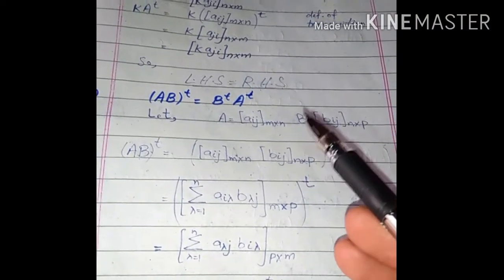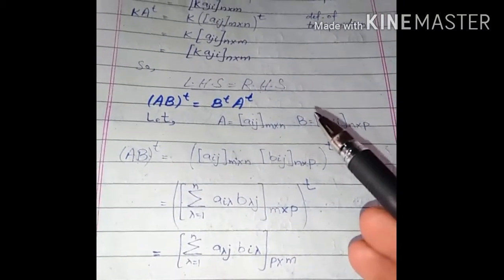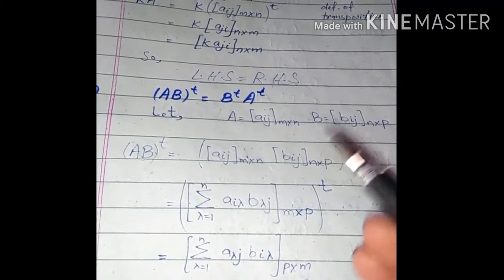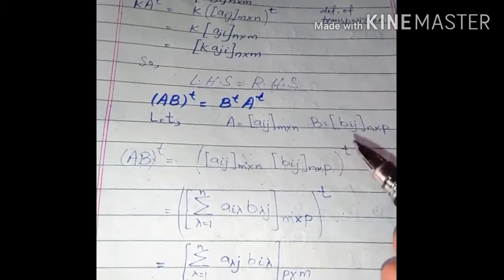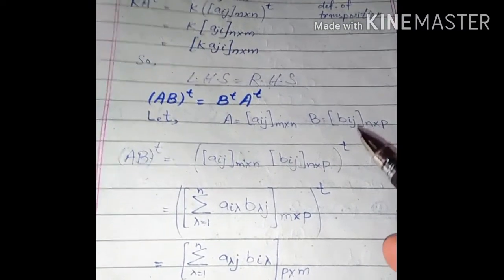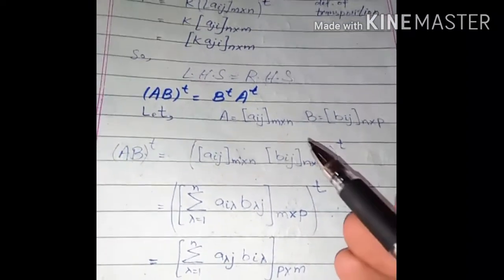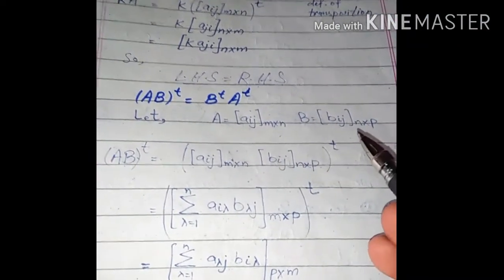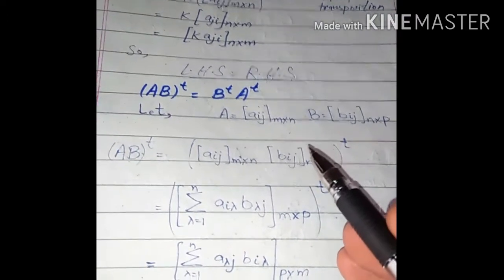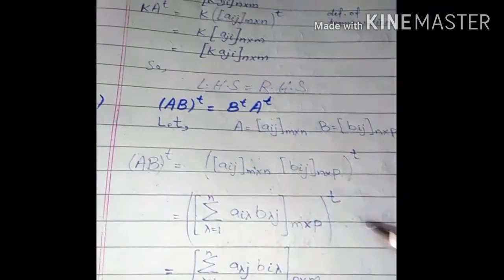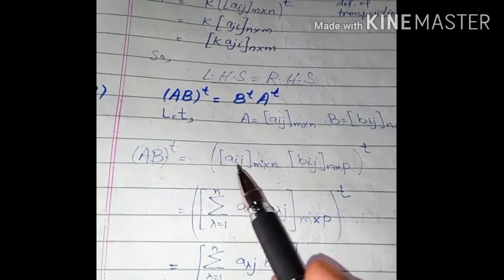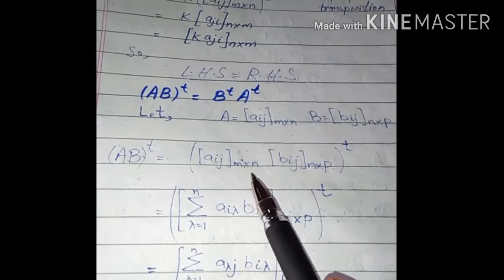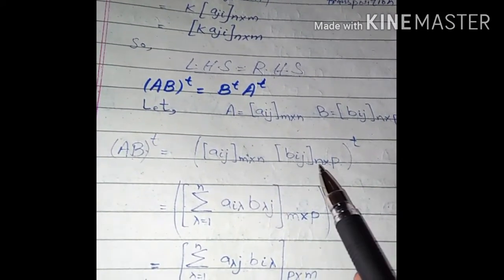The necessary condition for multiplication of two matrices is that the number of columns in the first matrix is equal to the number of rows in the second matrix, so we take n columns in matrix A and n rows in matrix B, and we can easily multiply the two matrices. (AB) transpose, with a_ij m cross n and b_ij n cross p. n is the number of columns and n the rows.